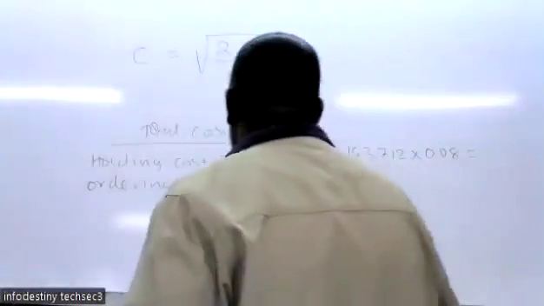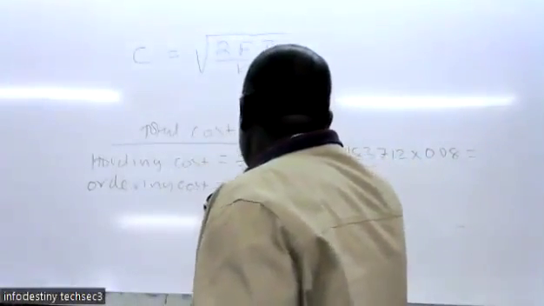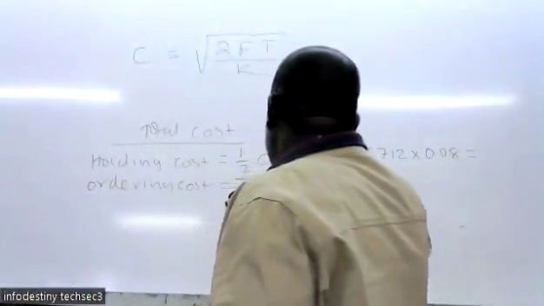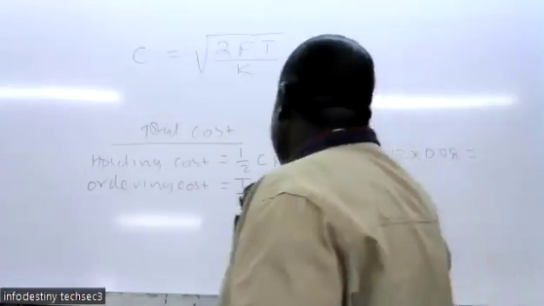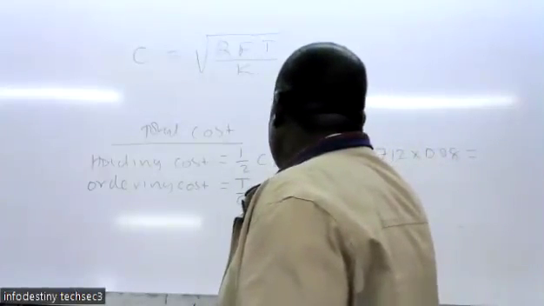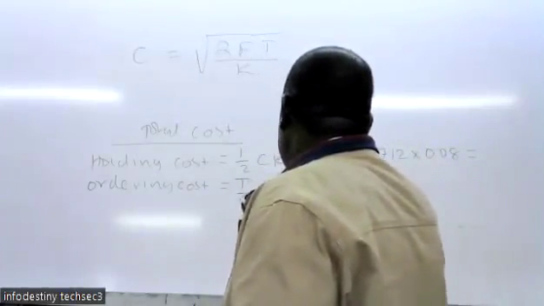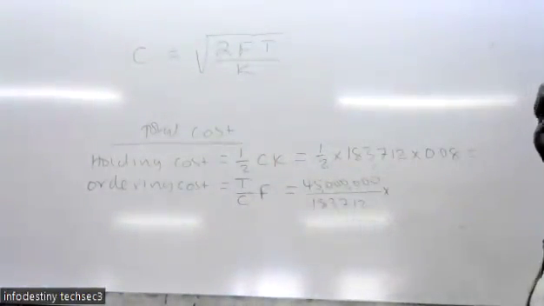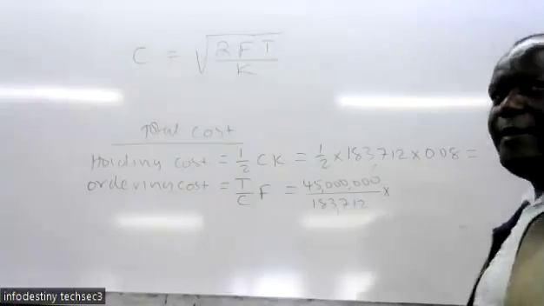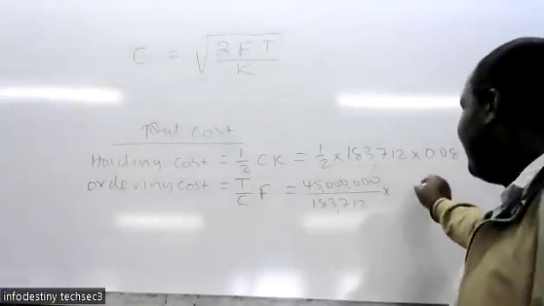T was 41.5 million. C, we know it is 183.7. Our F was 30.